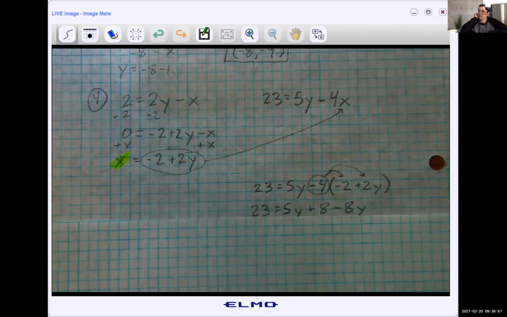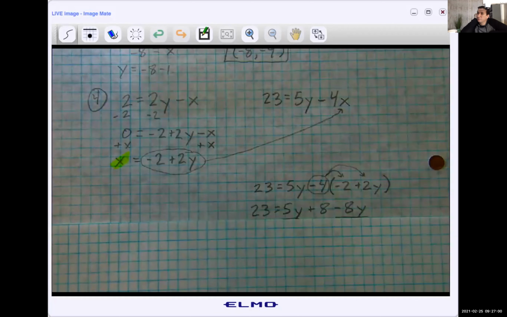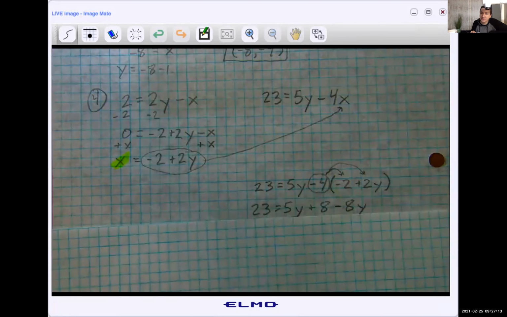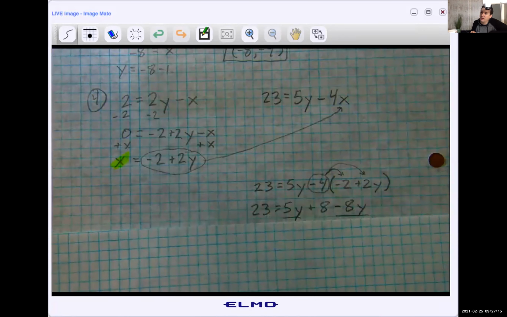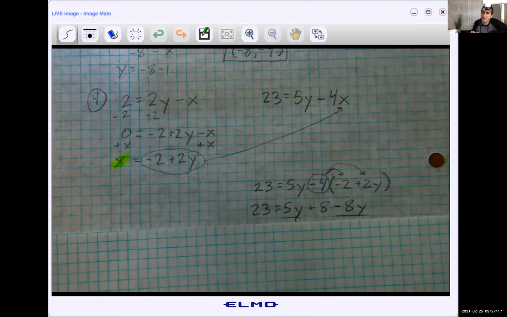26 is 5y, and that's going to be plus 8. And then it was plus -8y, so minus 8y. And then we notice some like terms. 5y's and take away 8 of them.